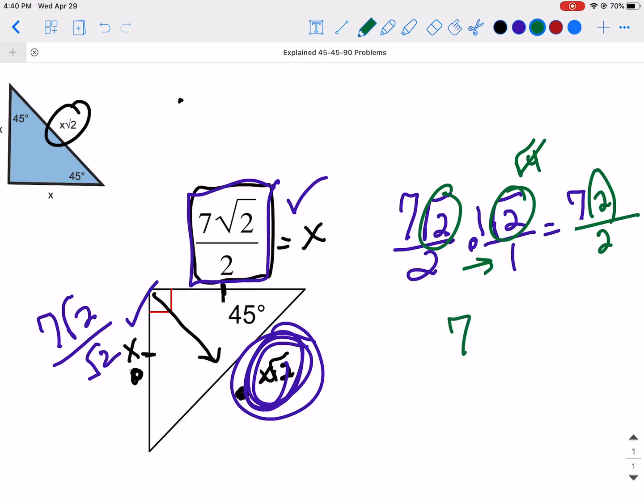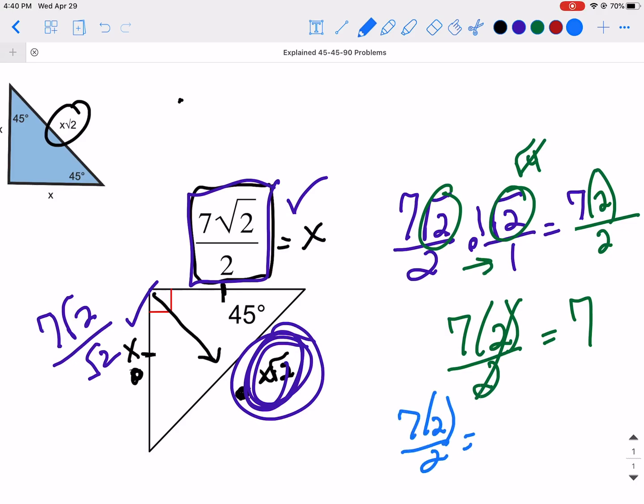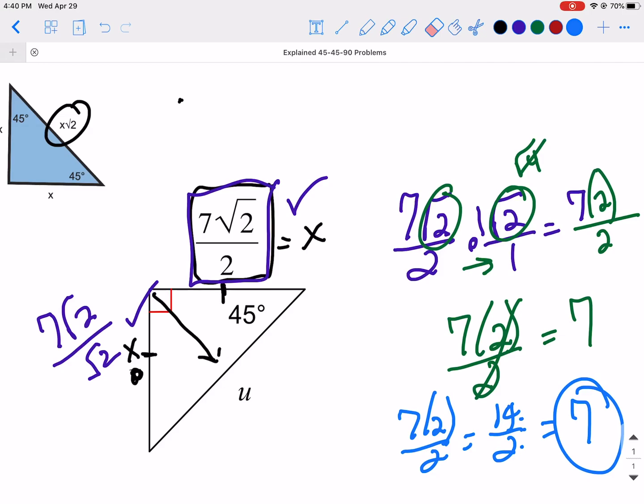Now you can do it two ways. You can see this problem here, cancel out your 2's and get your answer 7. Or you could do 7 radical 2 over 2. 7 times 2 is 14 over 2. 14 divided by 2 is 7, whichever way makes more sense to you. So with all of that work, we found that this answer here is just 7.